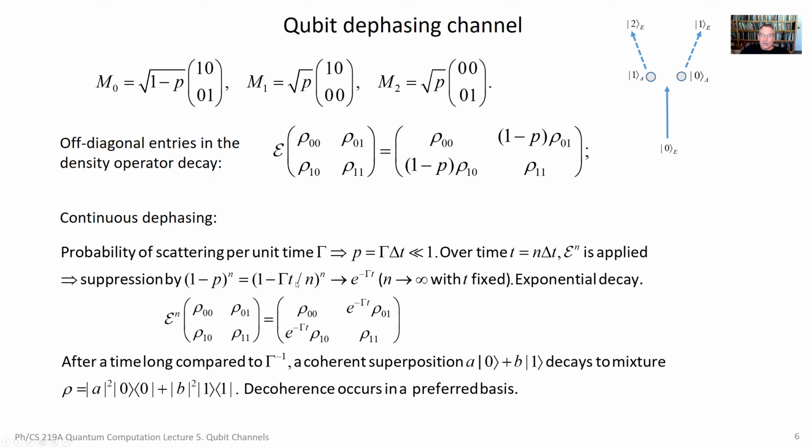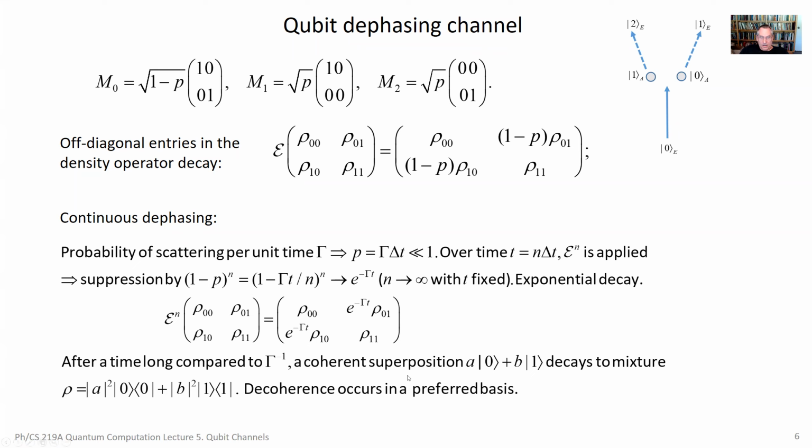It's gamma times the total time t that's elapsed divided by n, the number of small time intervals, and that gets raised to the nth power. And then if I consider letting n get large, this just approaches an exponential, e to the minus gamma t. So in other words, as a function of time, the off-diagonal terms in the density operator decay exponentially with time.